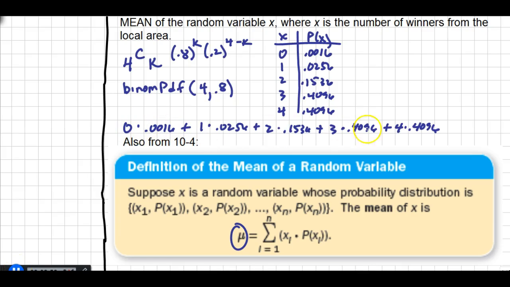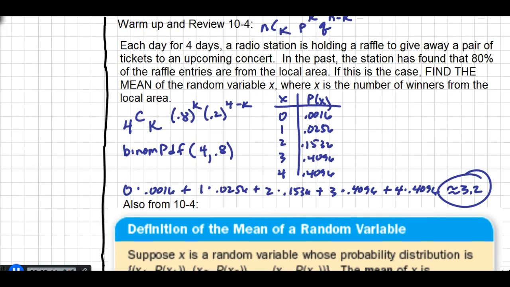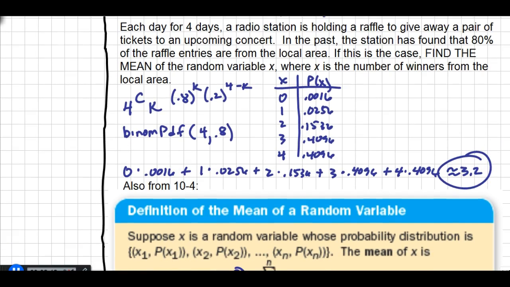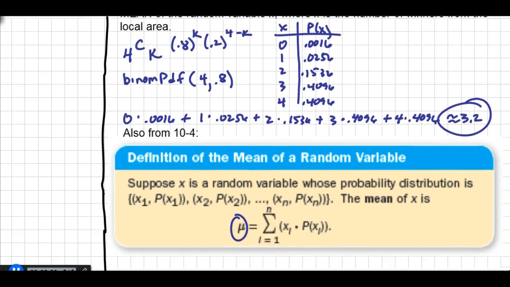When you type all of that in, you end up getting about 3.2, I believe, depending upon what you would be told to round to. So that would be the mu, the mean of the random variable x, where x is the number of winners from the local area. So of the 4 days, 80% of that would be about 3.2 people who are from the local area.